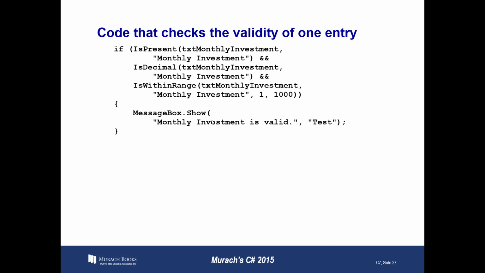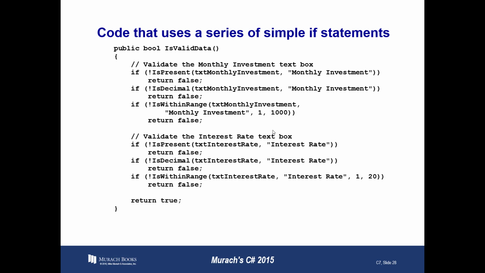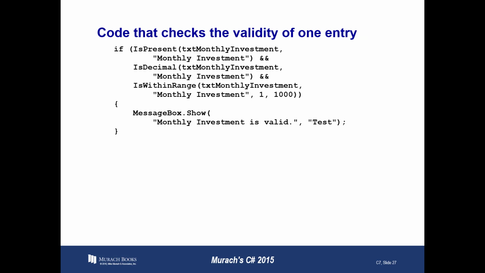Here's something, as it says, that's checking the validity. There are so many different ways of doing this. So this is saying if there's something in there and it's decimal and it's within this range. Okay, here's doing it as opposed to the way they showed it before, doing it with a bunch of different if statements. So here they were checking 3 conditions at one time.